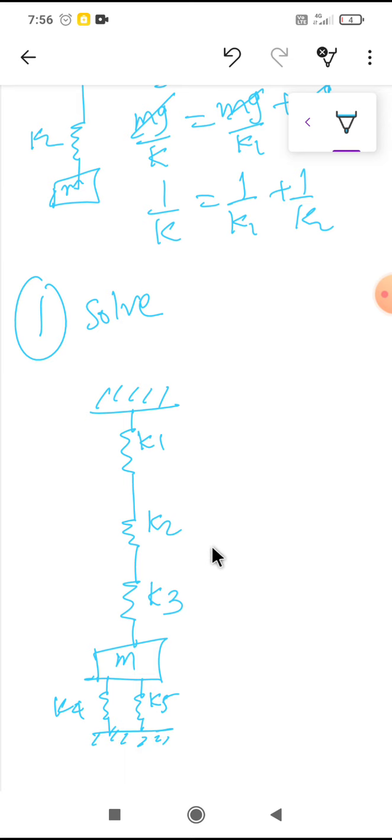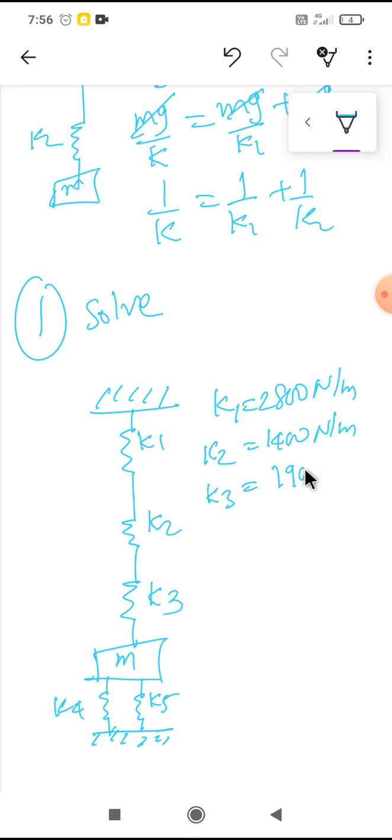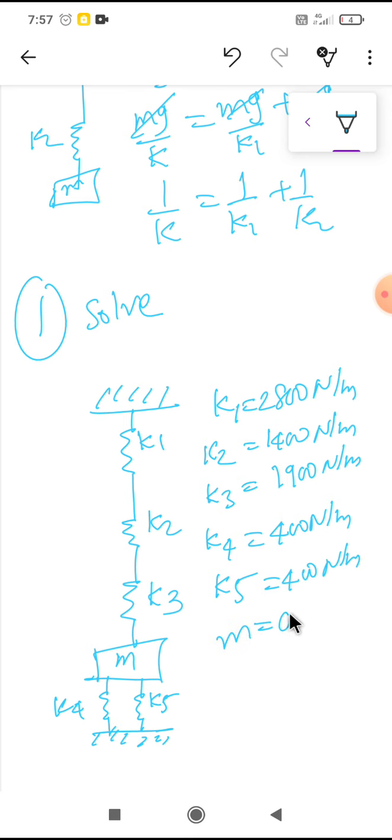The value of k1 is given as 2800 Newton per meter. K2 is given 1400 Newton per meter. K3 is given 1900 Newton per meter. K4 is given 400 Newton per meter. K5 is given 400 Newton per meter, and the value of mass m is given 0.5 kg.